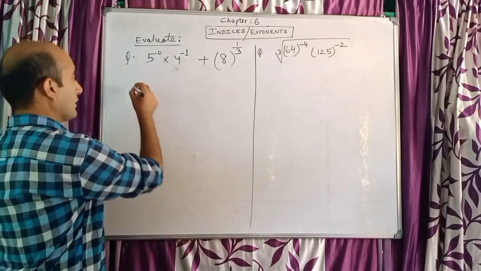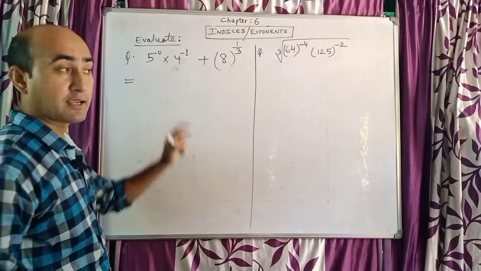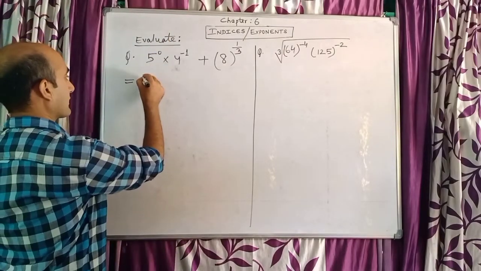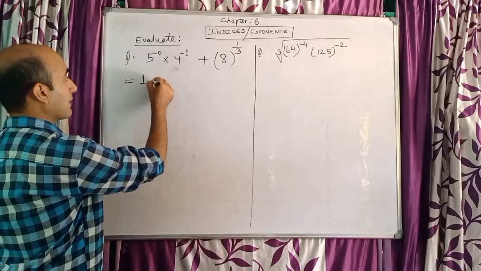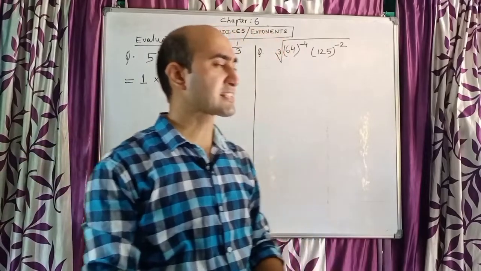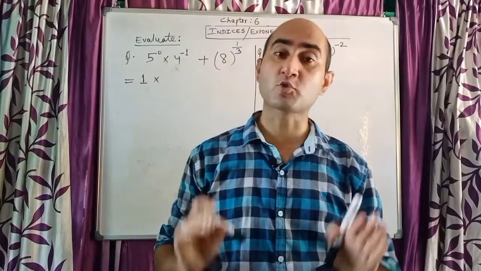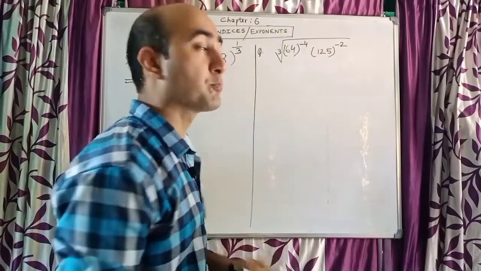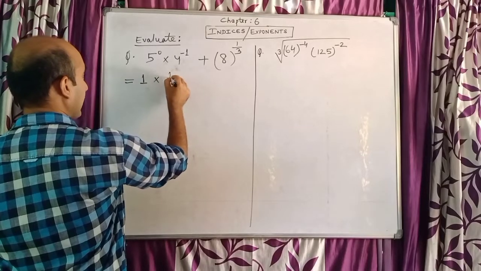Now what I said in the formula: anything to the power 0 is 1. So 5 power 0 will be equal to 1, multiplied by 4 to the power minus 1. A few moments ago I said that if you have a minus power, your first duty is to make it a positive power, and to do that you interchange the numerator and denominator.